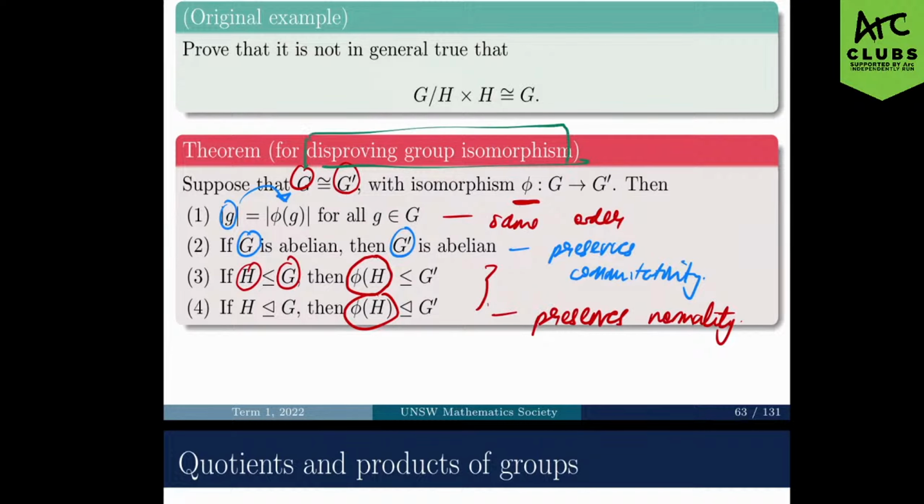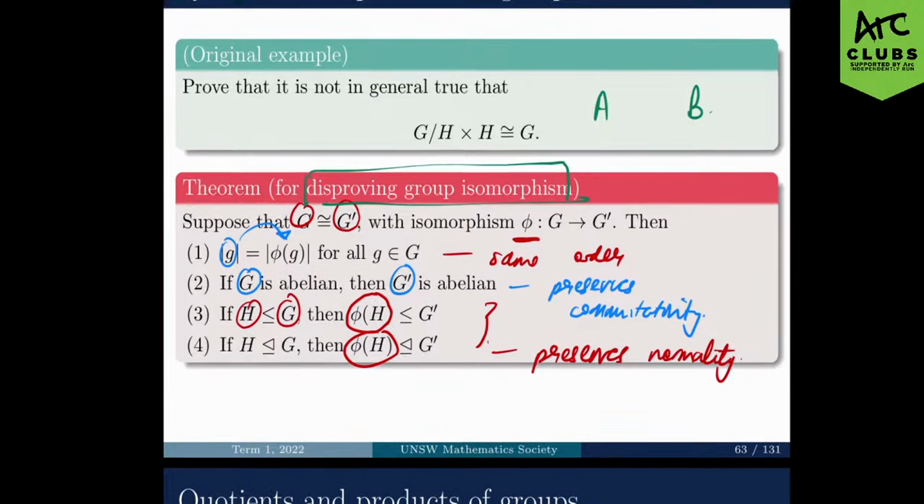Because what you can do is you can say, let's take two groups, A and B, and we want to somehow show that they're not isomorphic. Well, let's just say if A has 2 elements of order 3, for example, and B doesn't have 2 elements of order 3. Well, what that proves is basically because this isomorphism must preserve orders, that can't be possible.